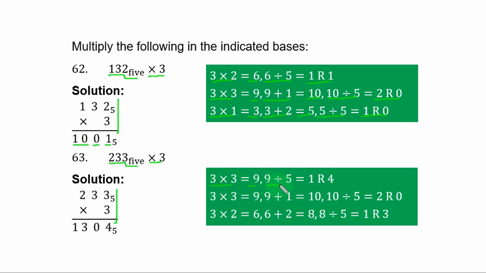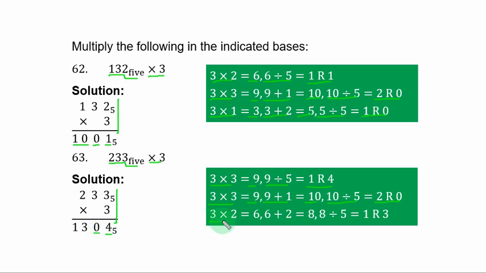So you divide 9 by 5 and you have 1 remainder 4. You put down the remainder and you take 1 forward. Again, you have 3 times 3 is 9. 9 plus the 1 you brought forward becomes 10. Divide 10 by 5 is 2 remainder 0. You write down remainder 0 and you take 2 forward.